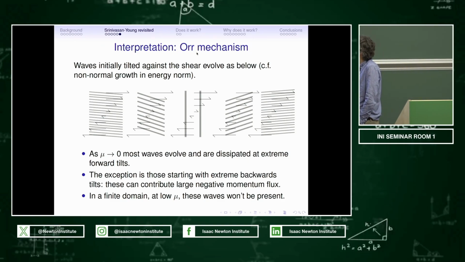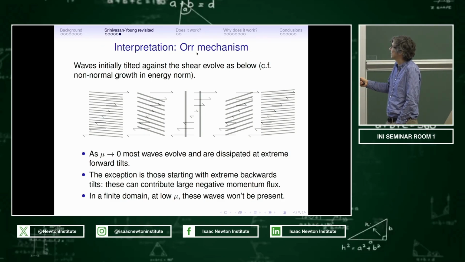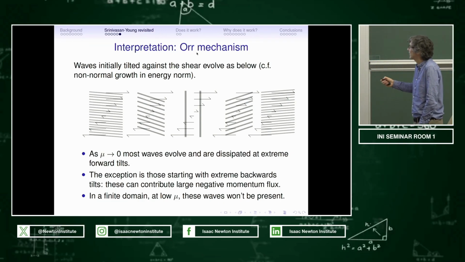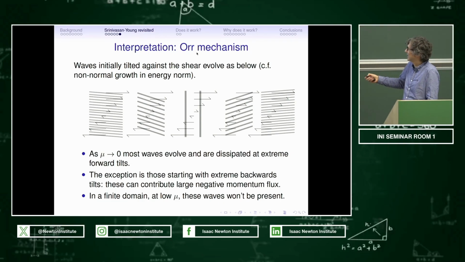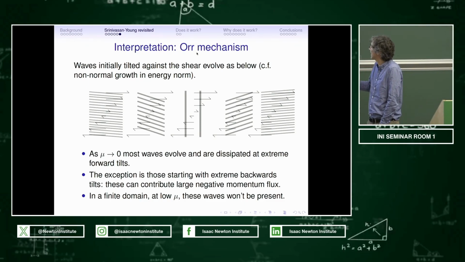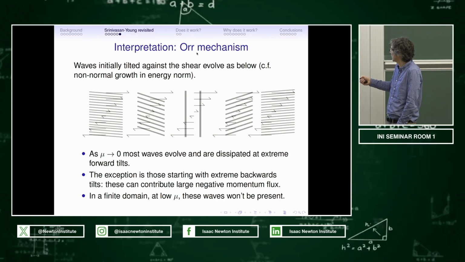So if you start with a wave which is sloping against the shear, it gets advected over and eventually it has a tilt which follows the shear. And when friction is small, in the vast majority of cases, these waves get tilted over and they're not dissipated until they've got strong positive tilts. And in that case, the contribution to the momentum flux is always uniform and positive.